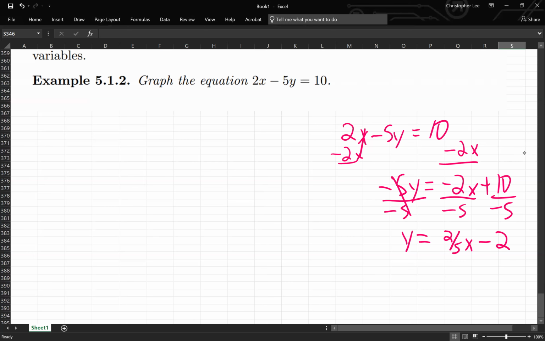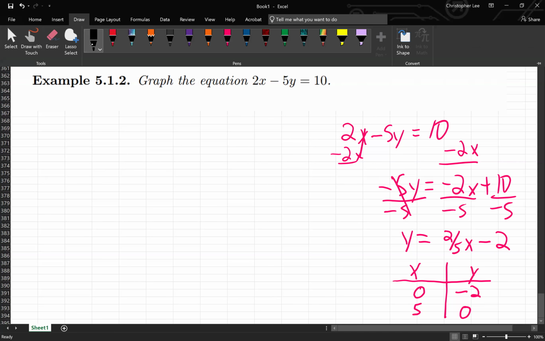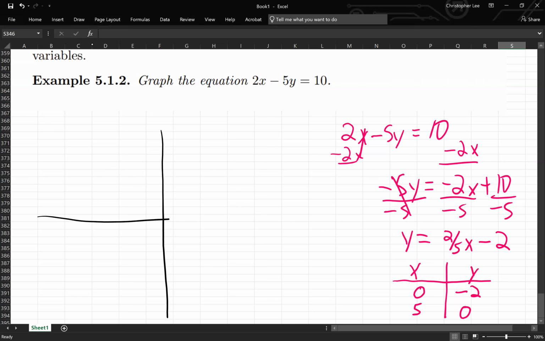And then remember we did our table of values. What I'm telling you is I don't need to do three answers. I only need two. So I'm going to pick two easy ones, 0 and positive 5. When I plug in 0, you know that this is negative 2. When I plug in 5, this is 0. Real simple. So now let's make a Cartesian plane. This is x, this is y.